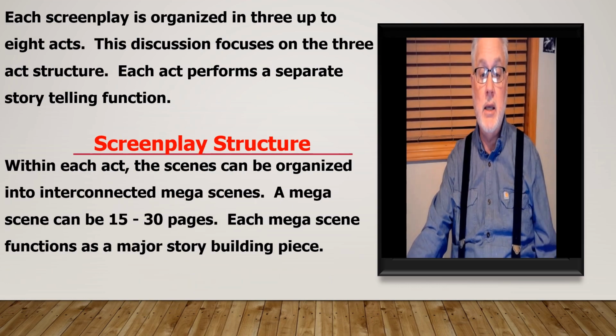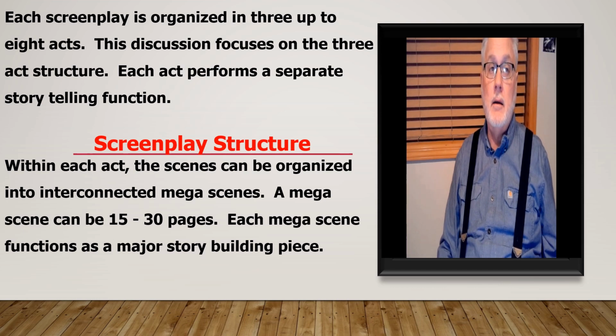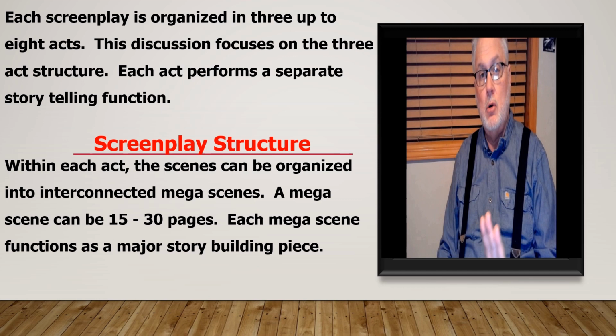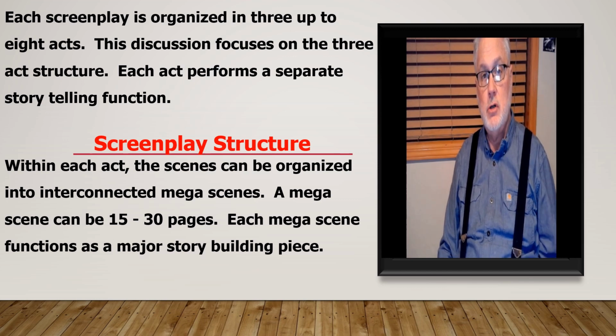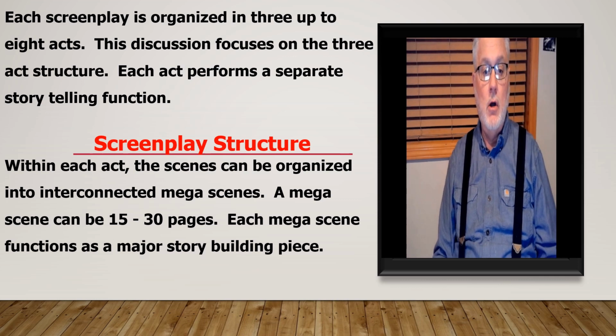Each screenplay is organized in 3 up to 8 acts. Now I say that because the UCLA Film School organizes things into a traditional 3-act structure. USC Film School organizes things into an 8-act structure. Whatever you want to do. 3 acts, 120 pages.